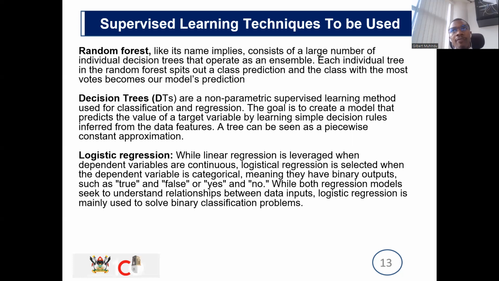For example, we have Boolean zeros or ones, true or false, yes or no. With both regression models, linear and logistic, we seek to get the relationships between the data inputs. In our project, we are most likely to use logistic regression or random forest. We shall decide on which one to use.